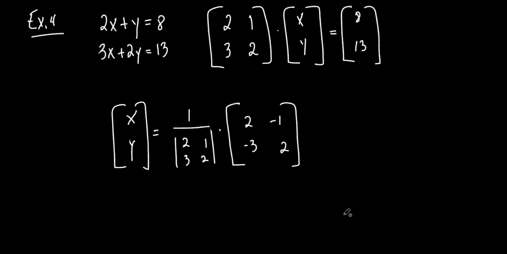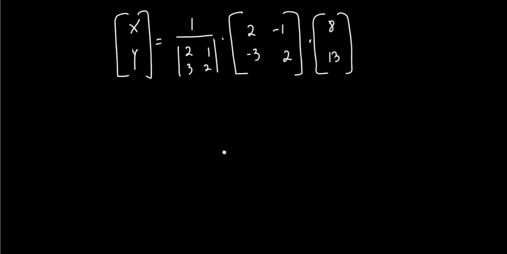Everybody with me? All right. So there's the inverse times 8 and 13. And now we just do the math. That's pretty easy setup, isn't it? You might like this better than doing substitution or elimination.